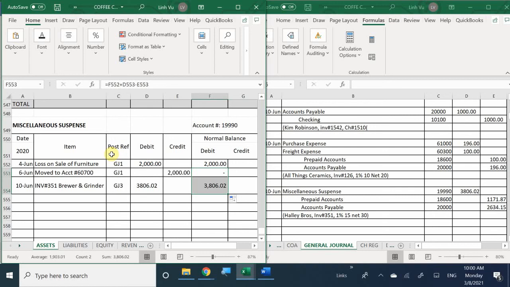So right now, we're just going to place it in an account for miscellaneous suspense, because I'm going to include all the expenses, like the freight. I'm going to do all the charges I need to do to make the foundation and do the electrical work. And once I am done and satisfied with that, then I'm going to remove it from the miscellaneous suspense and place it in its proper account.